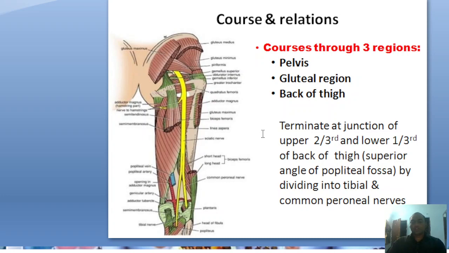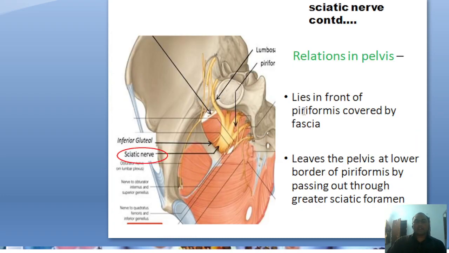Course in the pelvis: it lies in front of the piriformis muscle, with a covering of fascia. So this is the piriformis muscle in the pelvis. The first relation in the pelvis is that it lies in front of the piriformis, covered with fascia.